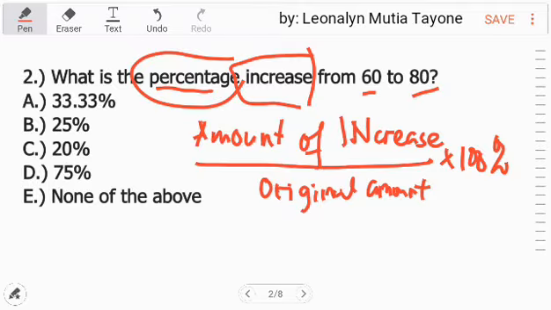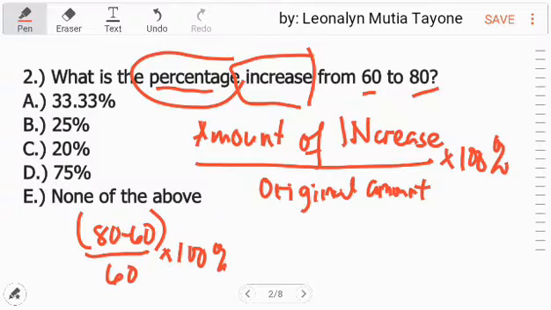Amount of increase 60 to 80 and that is 20 or pwede mong gawing ganito 80 minus 60 over yung original amount 60 times 100%. Then 80 minus 60, that is 20 over 60 times 100%.